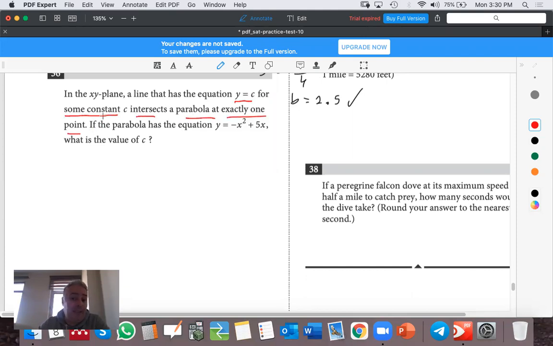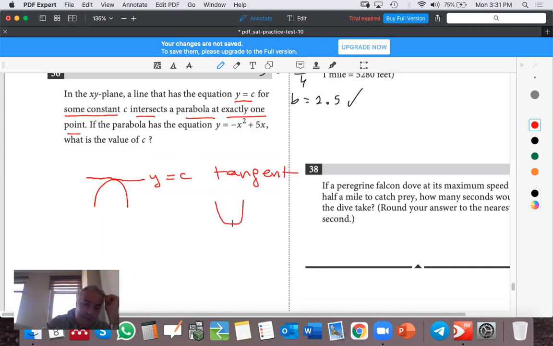Sorry, I didn't read the question well. Now it is clear. Y is equal to c is intersecting the parabola at one point. And how could this be possible? Isn't it, if this is a parabola, this is now y is equal to c, which is tangent. Or if this is a parabola, so it is tangent.